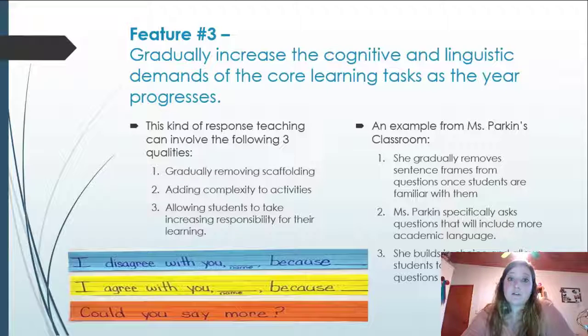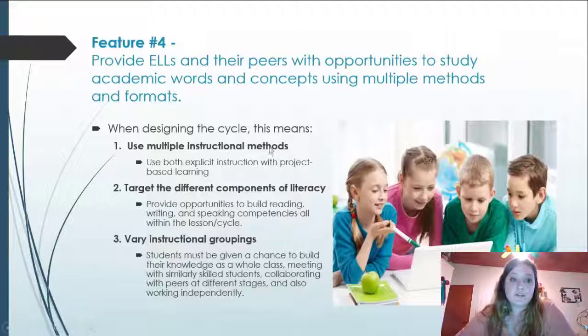So it makes it a little bit harder, but they still know how to answer questions because of the sentence frames. And then to allow students to take responsibility for their learning, she provides them with the choice to choose which question they want to discuss. That could be with their partner, with the whole class, or with several students, just giving them that choice.